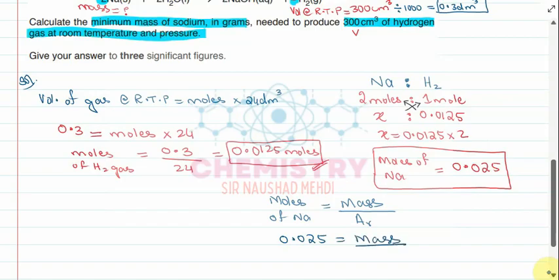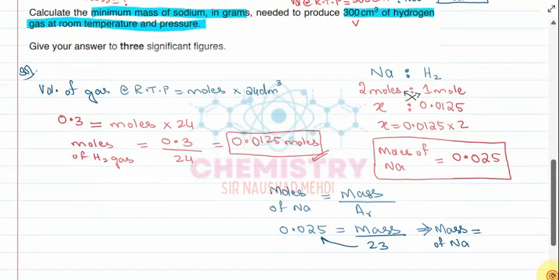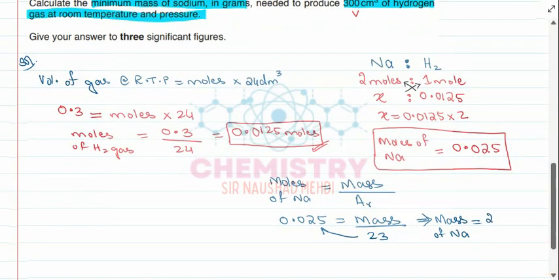So mass upon Ar. Ar you have to look at from the periodic table, and sodium's Ar is 23. So you will cross multiply it, and it will get you the answer for mass of sodium. So mass of sodium would be 23 multiplied by 0.025.